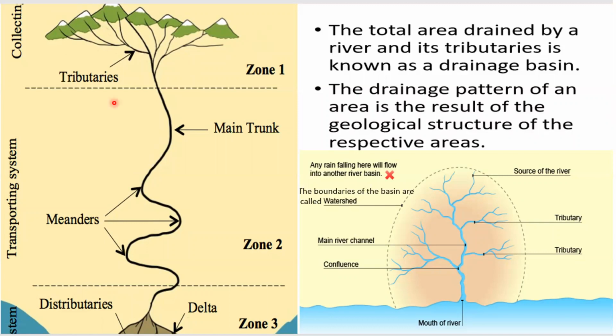So tributaries are formed at or near the source of the river, whereas distributaries are formed at the mouth of a river. This is the difference between tributary and distributary. Hooghly is the important distributary of river Ganga. And the meeting point of different rivers is called a confluence.